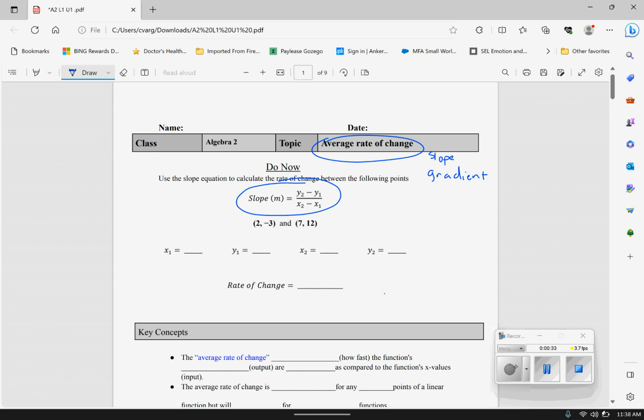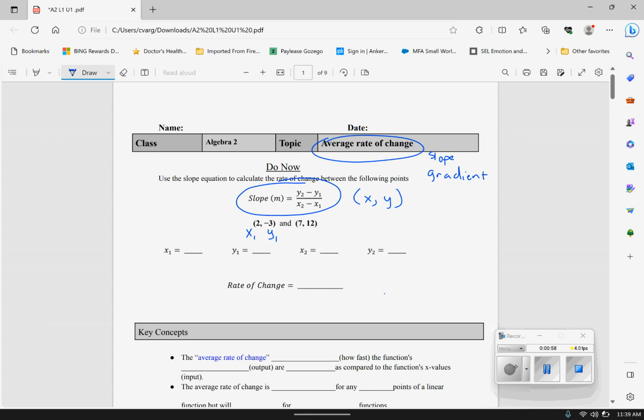The first thing that you want to do is identify what is your x. So there usually is some sort of ordered pair, x comma y. The way I remember this is x comes before y in the alphabet. Here we have two ordered pairs, or two coordinates. The first number is x. The second number is y. Since this is our first coordinate, I'll call this x1 and y1.